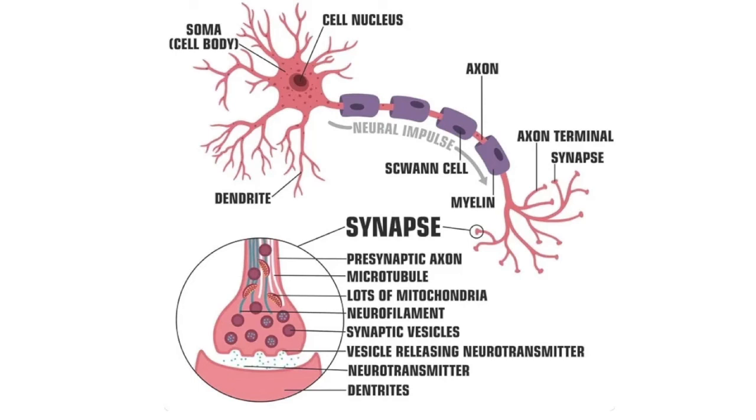Around the cell body, you have dendrites, which receive the impulse from the other nerve cell. It sends the impulse down the long part, which is along the axon and through the myelin sheath. And then you have the synapse, which is the space between the axon and the new dendrites of the new neuron.